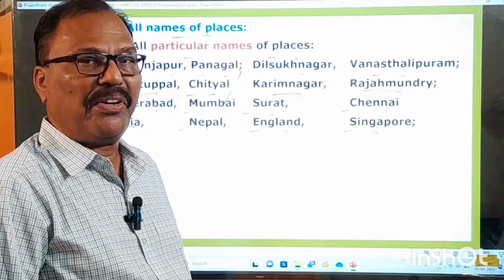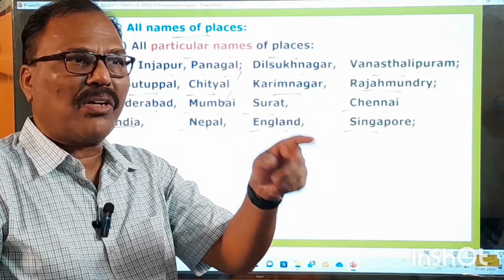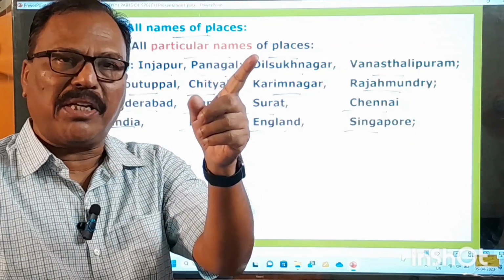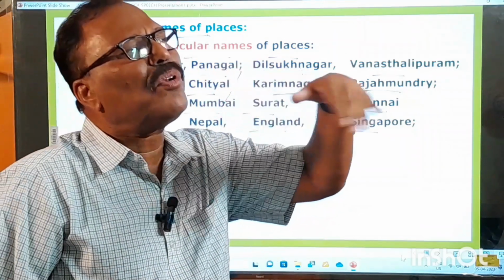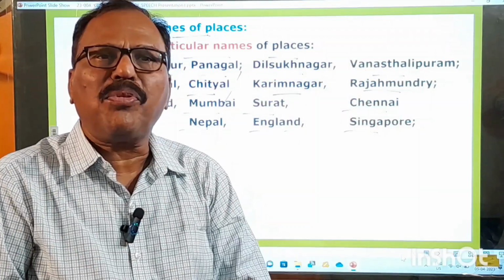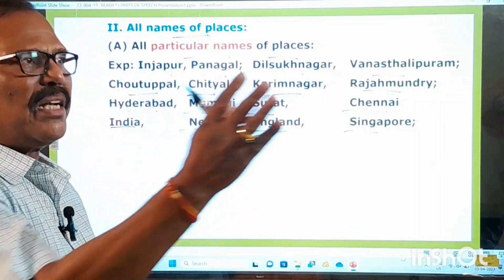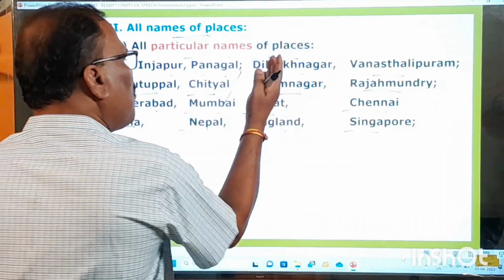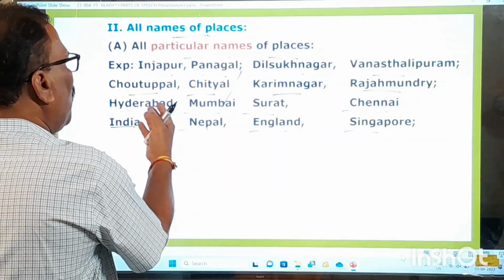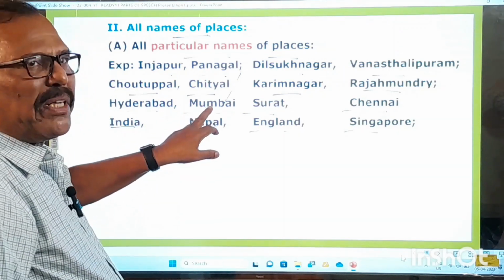The people will laugh at you and even punish you, because when you are in Nepal you cannot call it Singapore, and when you are in Singapore, you cannot call it Nepal, because Nepal is its own name, and Singapore is its own name. England is the particular name of that country. India is the particular name of this country. And this city is Hyderabad, the particular name of this city. Mumbai is the particular name of that city.